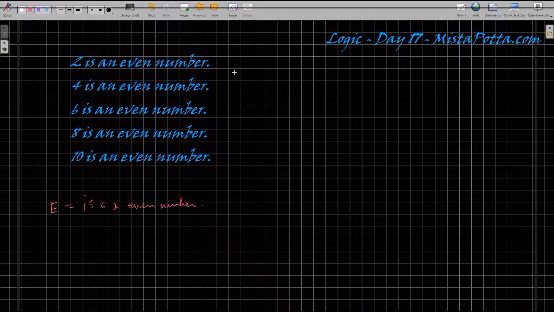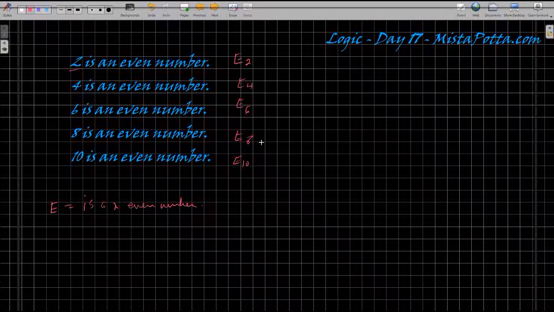So I could write this statement as E2 because 2 really is the subject of our statement. And similarly, I could write this as E4, E6, E8, and E10. In other words, 2, 4, 6, 8, and 10 all go with this predicate.